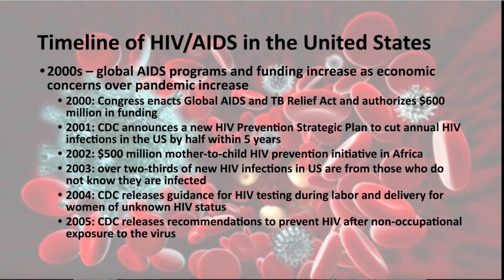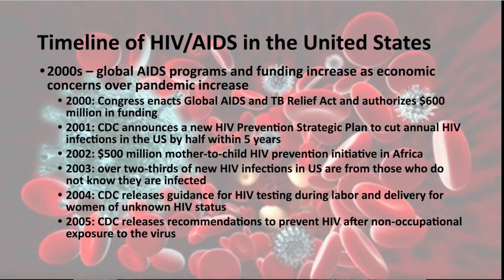In 2001, the CDC announces a new HIV prevention strategic plan to try to cut annual HIV infections in half within 5 years in the United States. In 2002, $500 million are given for an initiative in Africa to help prevent mother-to-child HIV spread.